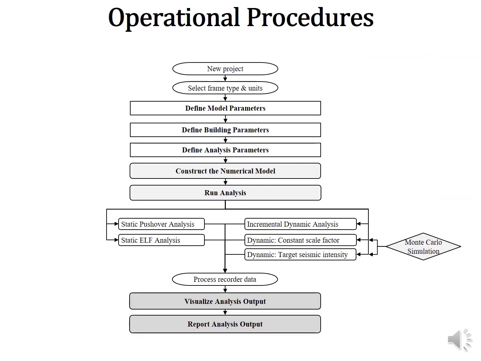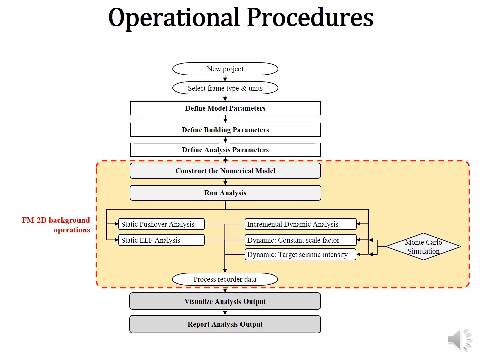This is a brief overview of the operational procedures in FM-2D, which can be divided into three distinct parts. First, there are the user definitions, basically the user input, which is done through the graphical user interface, the GUIs, which includes a definition of the numerical model parameters, the building parameters, and the analysis parameters.